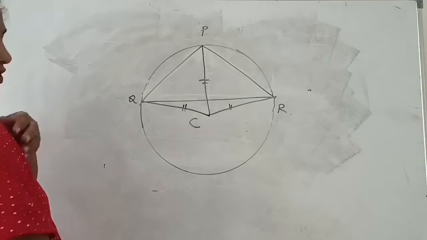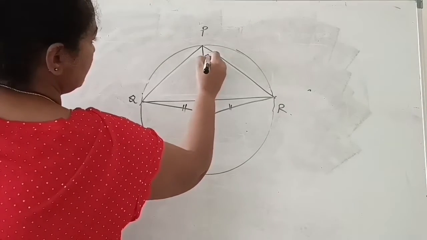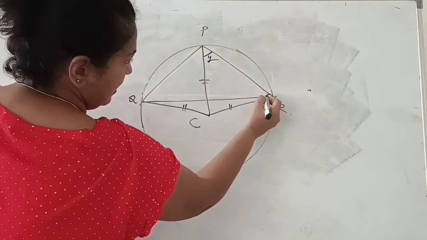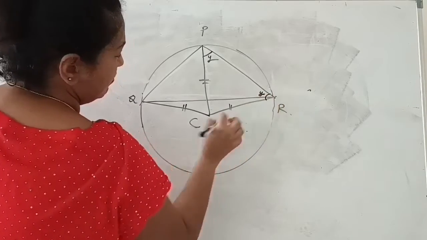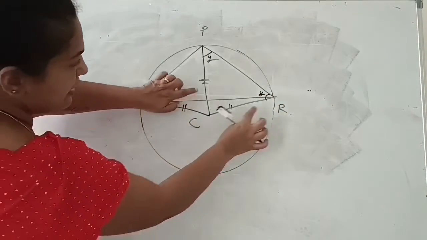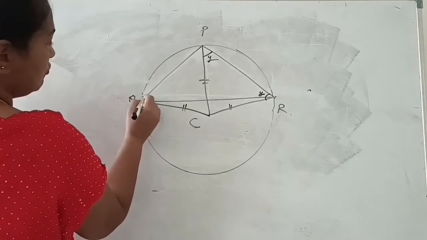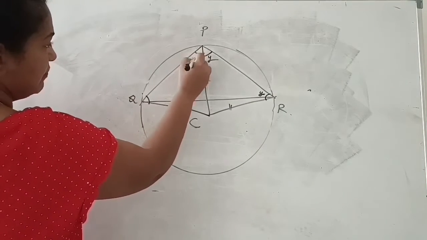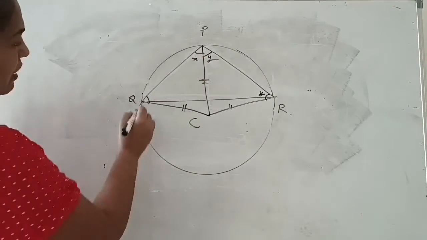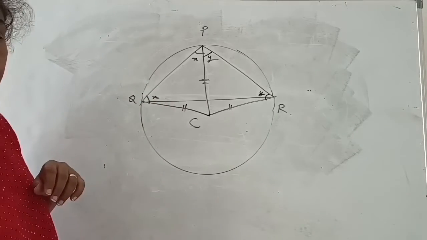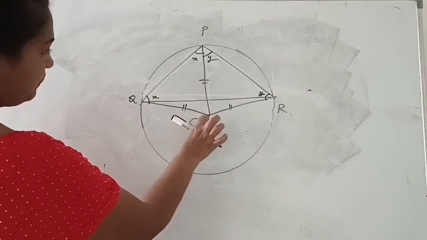Right? Now the base angles of an isosceles triangle are equal. So this is y. This entire angle over here is y, because I am considering the triangle CRP. Right? So if this is x, I know that because these two sides are equal, this whole angle is also x. Correct.